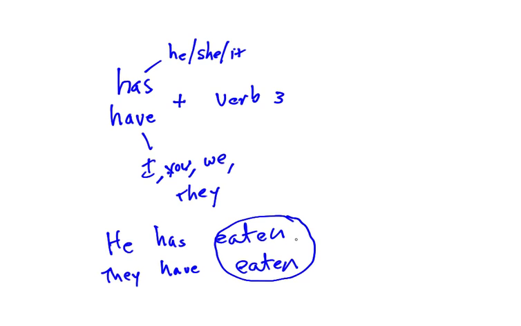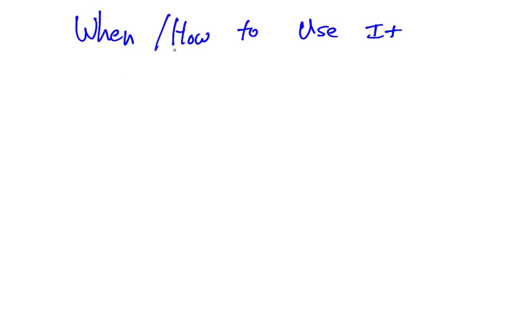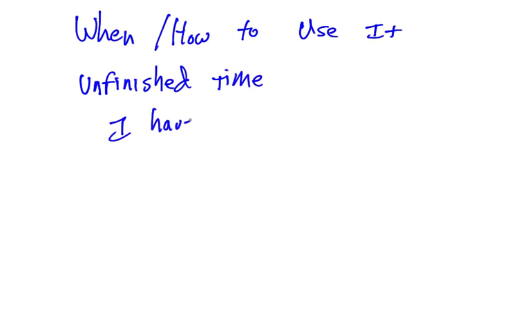Now let's talk about how to use it. So the first thing to think about when and how to use it is unfinished time. So, for instance, I could say, I have lived in Bangkok. Okay, so this is an event or an action that began in the past, living in Bangkok started and began in the past, and it's still true now.